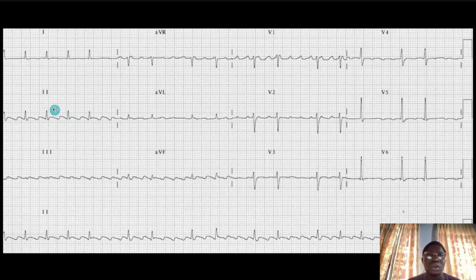Then a positive QRS complex in lead 2, and a mostly negative QRS complex in lead 3. So this tells me that this is a normal axis for the heart. It lies between the -30 to +60 range, right? So that's a normal axis of the heart.